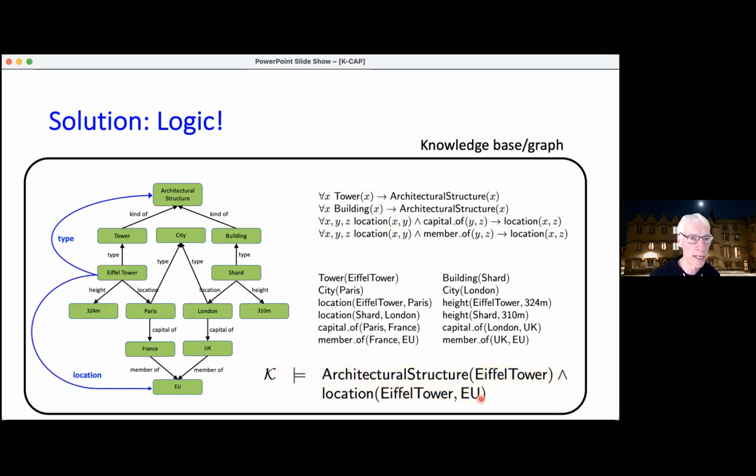We could think of this alternatively as saying that my knowledge graph entails these additional implicit edges that then allow us to answer this query. And again, I'll come back to that a bit later when I talk about actual algorithms for reasoning.